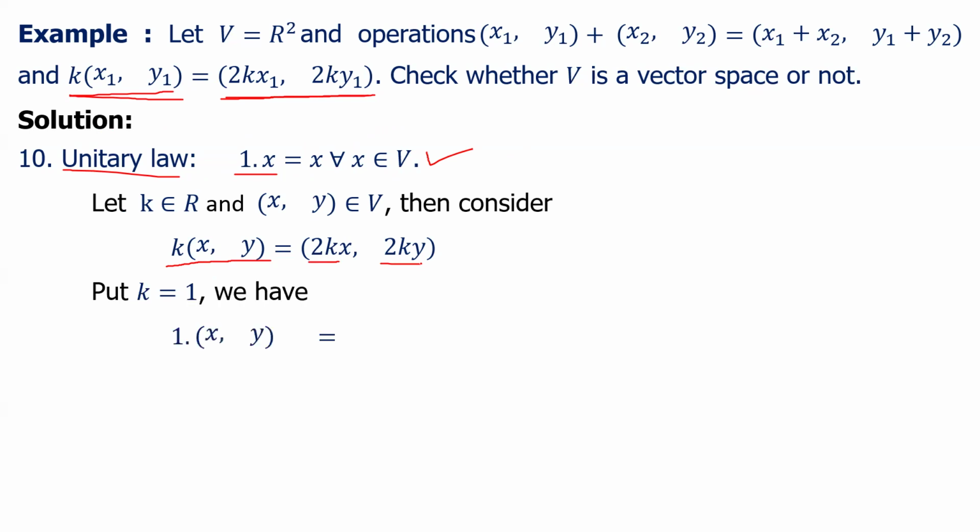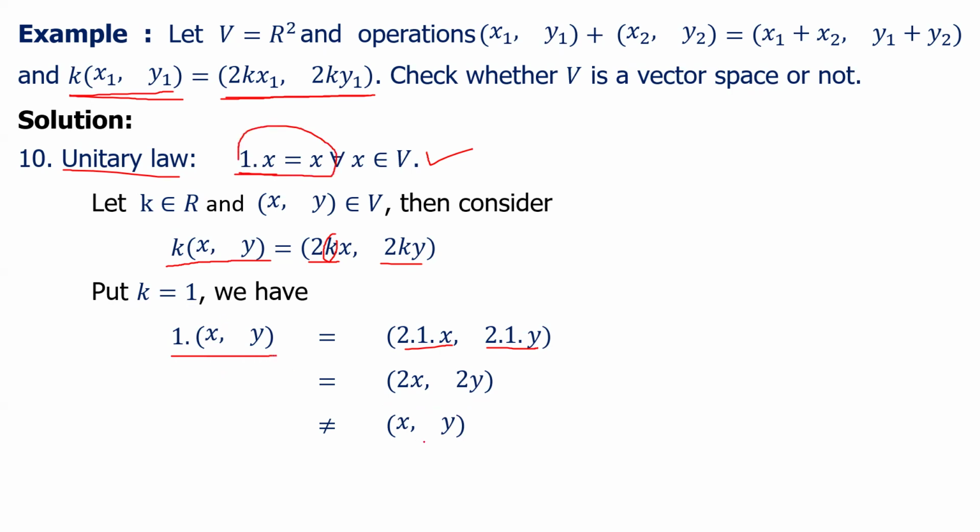We have 1 into (x, y), so 2 into 1 into x and 2 into 1 into y, which gives us (2x, 2y), which is not equal to (x, y). As per the unitary law, 1 into (x, y) should be (x, y). But in this example, we are not getting that.